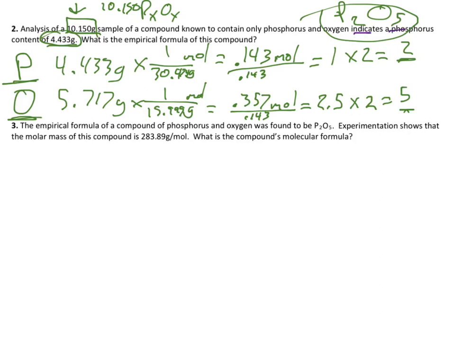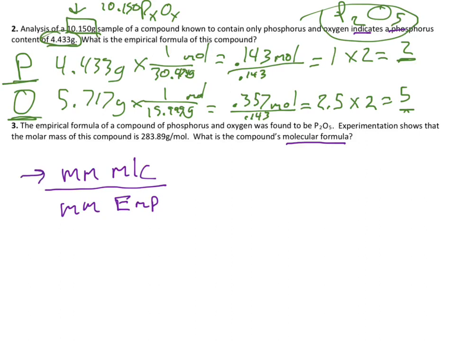However, this one's asking for the molecular formula, and these problems are super easy. You take the molar mass of the molecular formula and divide it by the molar mass of the empirical. This will always be given to you.